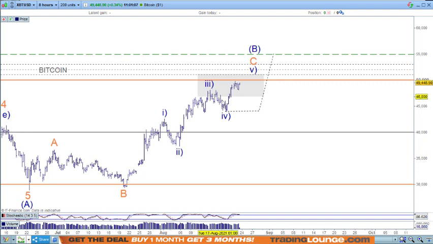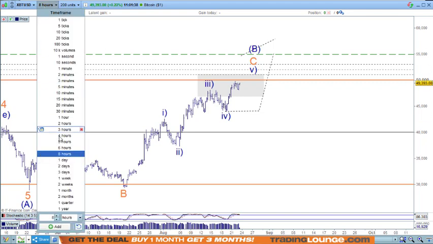So if we see, or understand, that we're going to be taking out this top here, then it's going to leave wave 3 shorter. So then we can rule out this count of wave B being here. We could also look for a different type of count for wave B, but in this particular instance, we would negate that particular move there. So that's one way of looking at it, I guess.